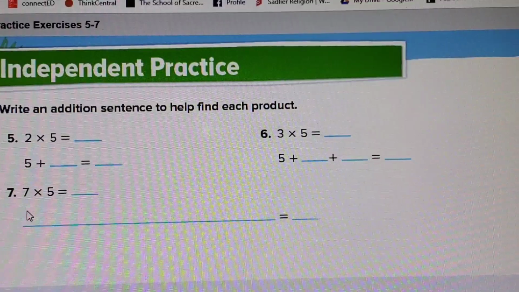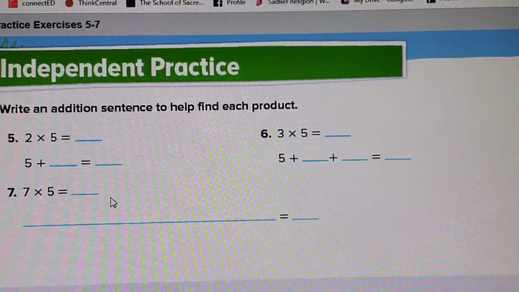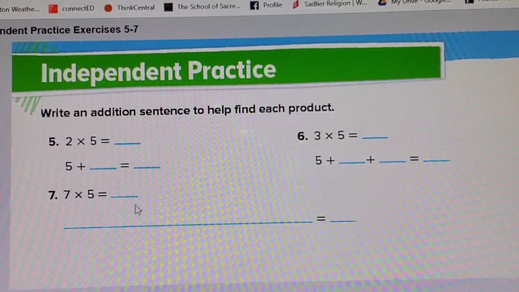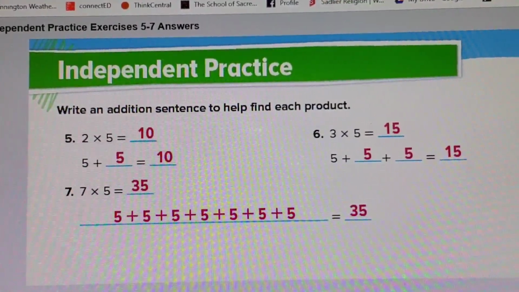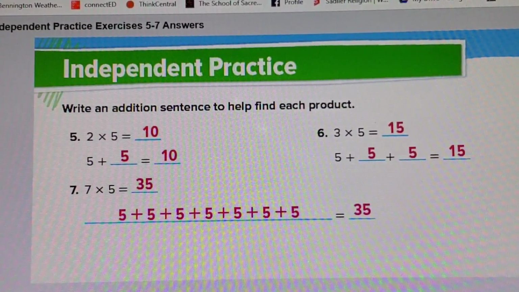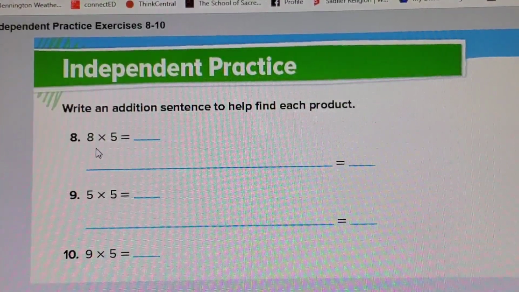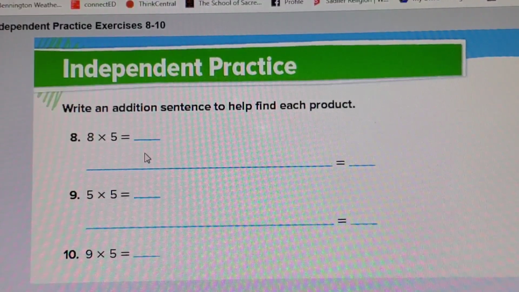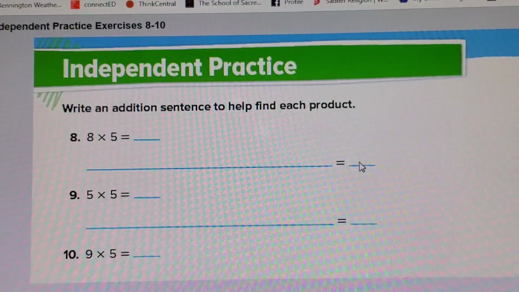Here you'll write 5 plus 5 7 times. And then skip count to find the answer. Here's what your answer should look like. You're going to continue the same way. Here you're going to write 5 plus 5 plus 5 8 times and skip count to find the answer.